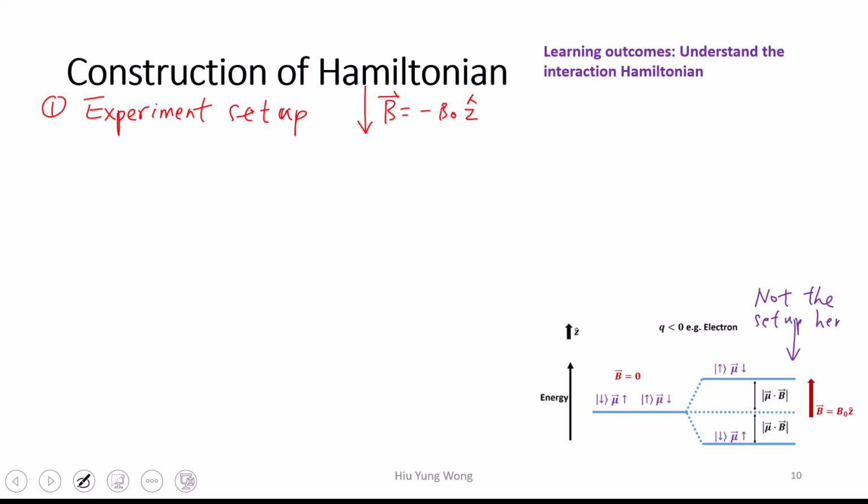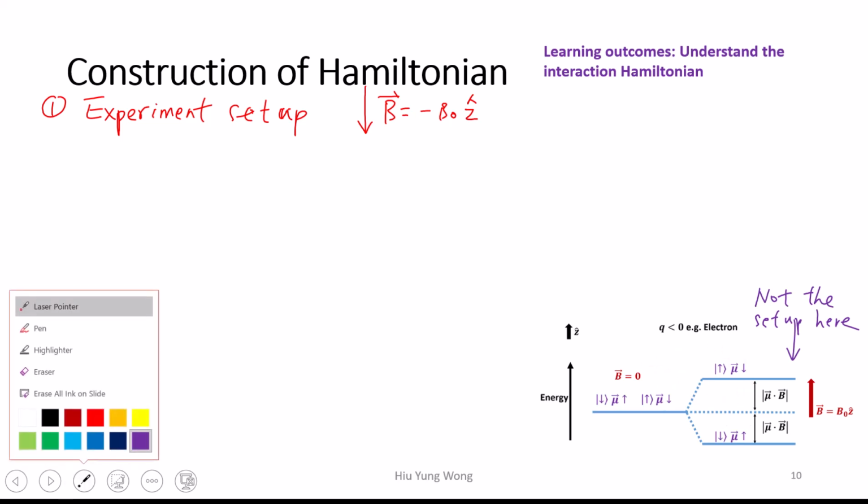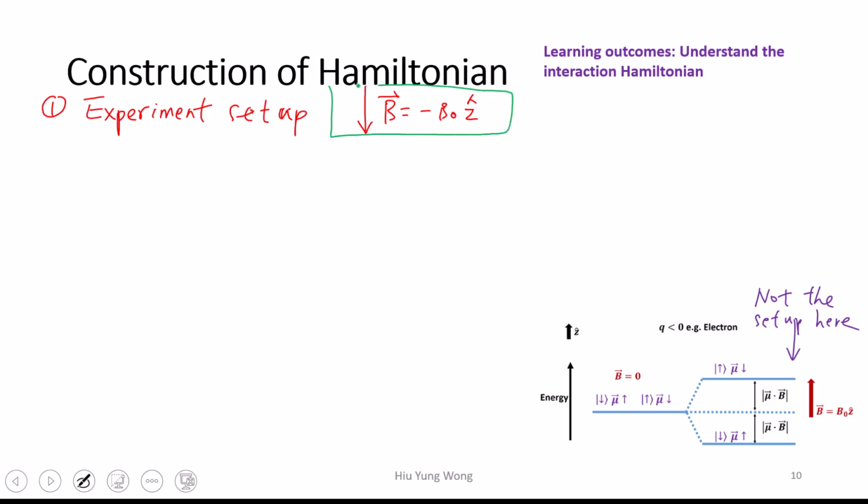But here it tells us that for electron, if the spin goes in the opposite, anti-parallel direction with the magnetic field, you have a lower energy. That's the purpose I put the picture here. But here, remember, this is our setup. Our setup is the magnetic field pointing down.